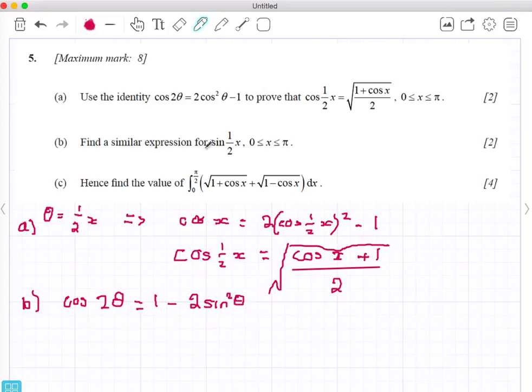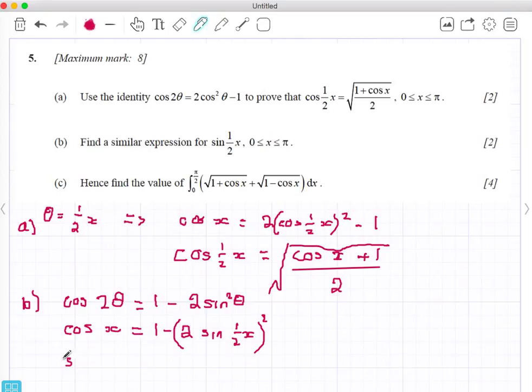So again, I'm going to use this here to put it into here. So I've got cosine x is equal to 1 minus 2 sine half x squared.